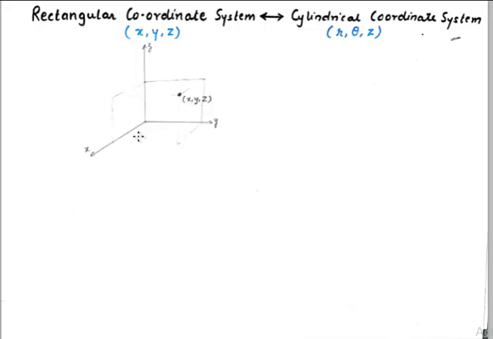So you can see that in this coordinate system, if I have to measure the distances x, y and z, I'll have to drop this point on the xy plane to get the x and y distances, and the height of this point from the xy plane will give me the z.